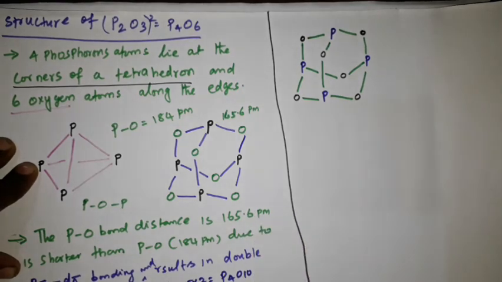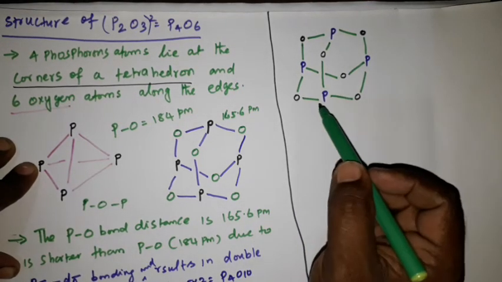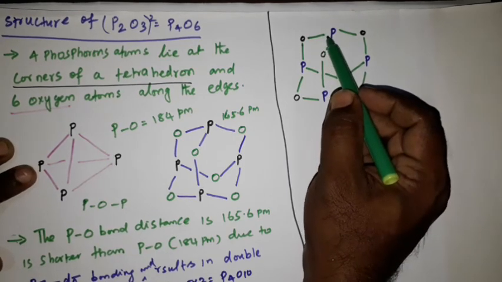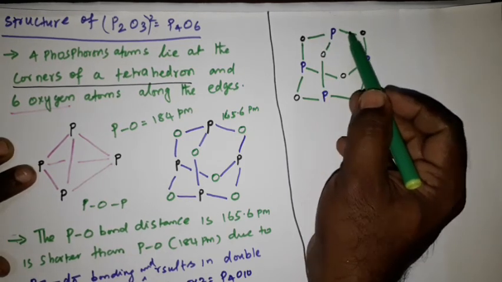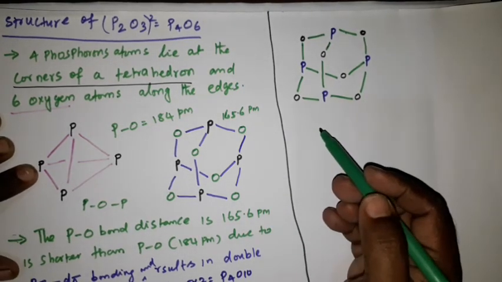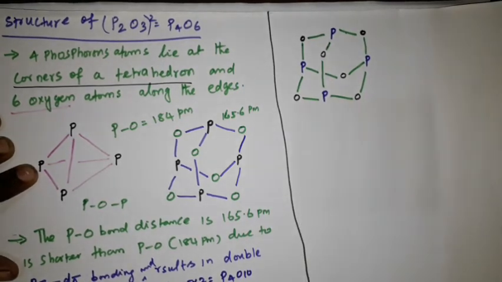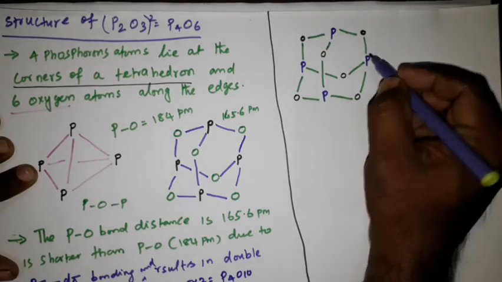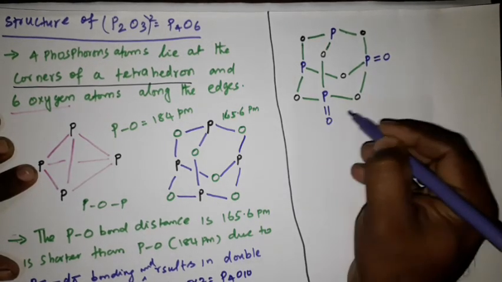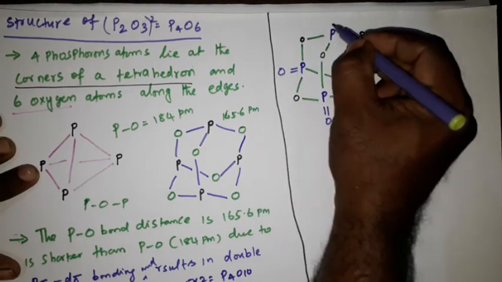See here, in P4O10 each phosphorus atom has 3 bonds, 1, 2, 3. So these are 3 single bonds. In addition to that, and this is very, very important, one coordinate bond forms. Oxygen, oxygen. This is the coordinate bond.